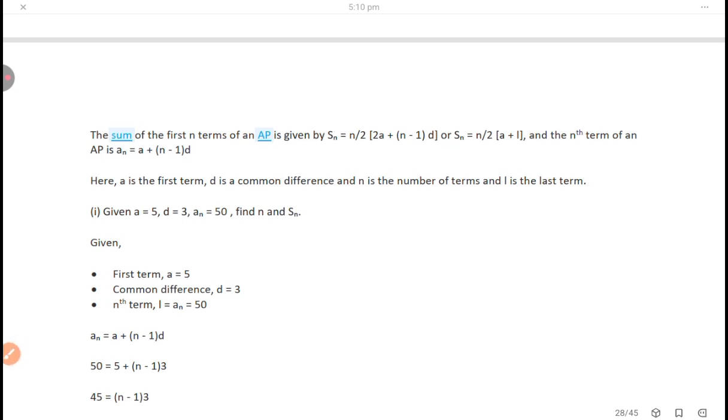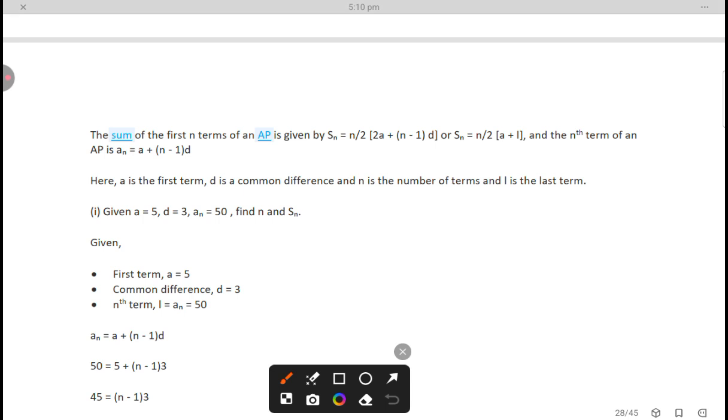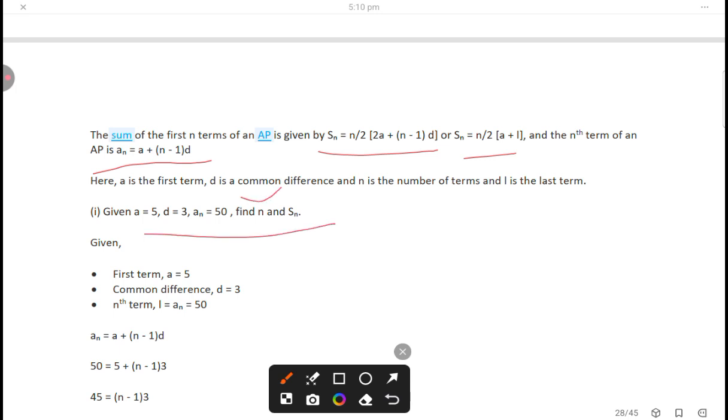So you have to use the two formulas here: the Sn formula and the nth term of the AP formula. With the given data, you have to find n and Sn. You know an, so you can find n also.